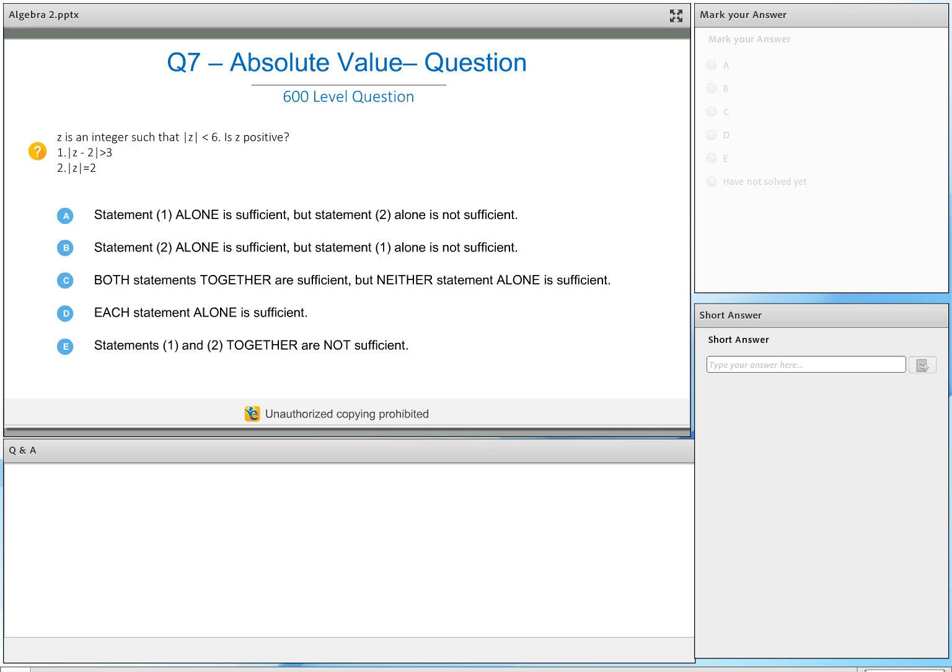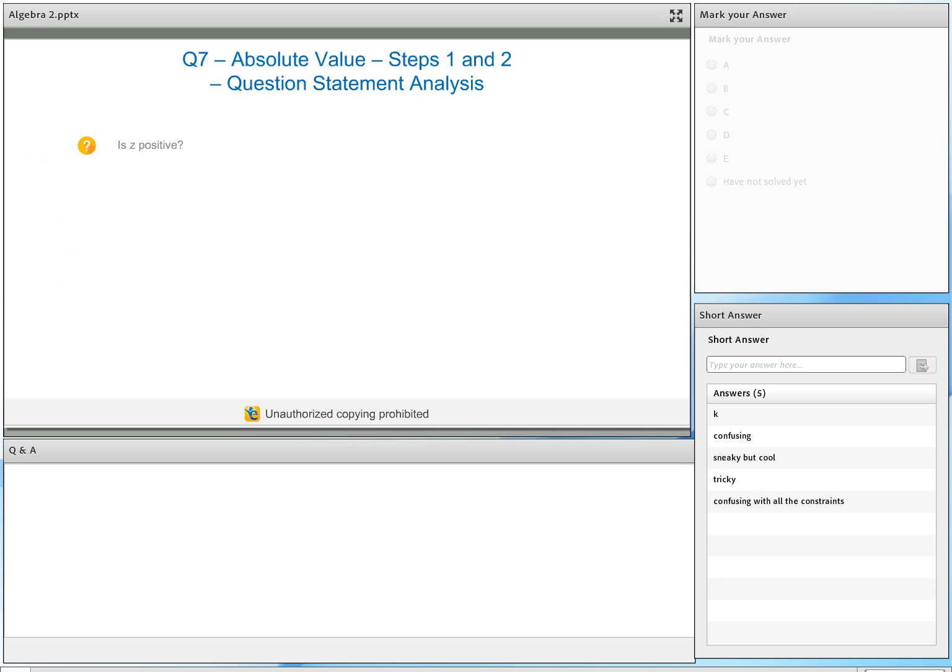Okay, so how was this question? Okay, confusing with all the constraints.